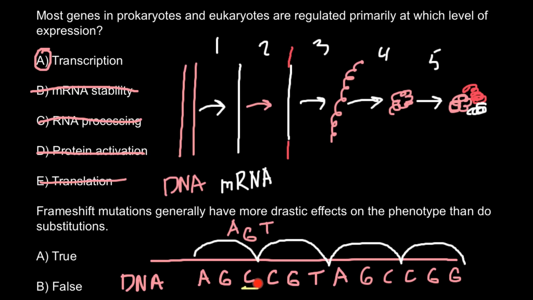And because this is the third nucleotide in this trinucleotide, usually when we substitute this base with a different base, it still codes for the same amino acid, because we call this the wobble position, and up to 6 different combinations may code for the same amino acid. All the changes are usually tolerated at the last position.